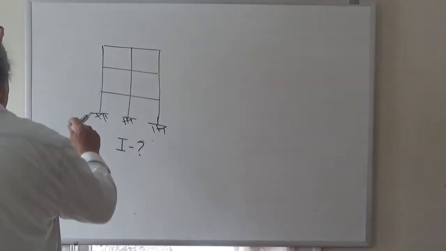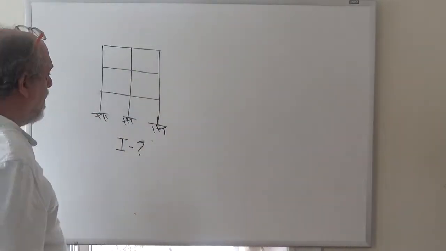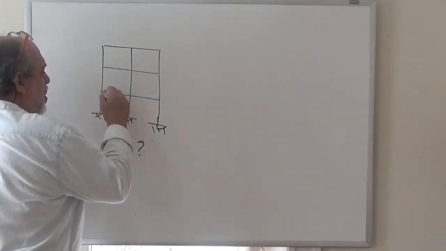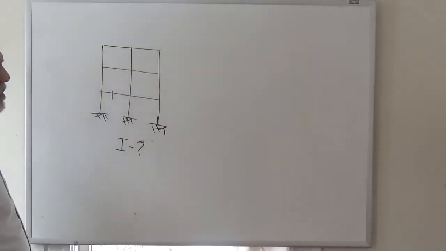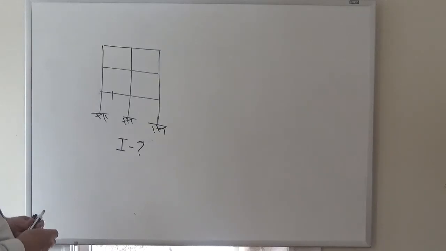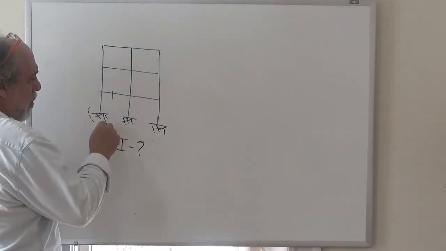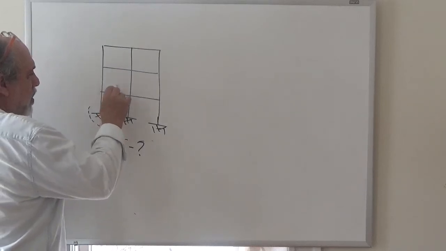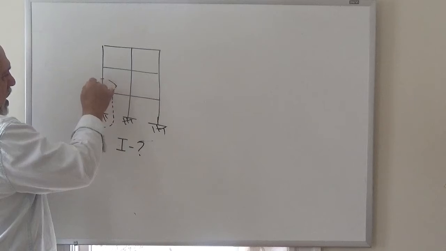Because even if you have the reactions, let's say you've got the reactions, and let's say you want to get the moments and shears and so on at where I just put this mark. If you wanted to do a bubble to get that, you could go like here and say, okay, I know the reactions, I cut through here, but how do I come out? Well, it looks like the quickest way out is this way, right?